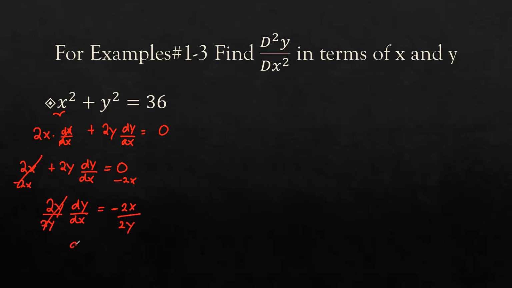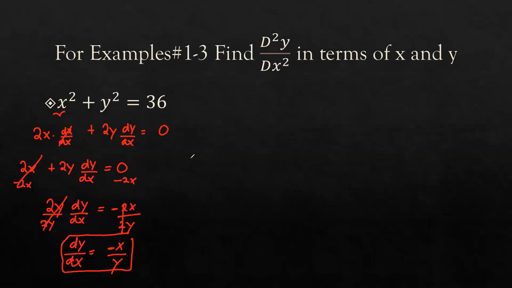So you get dy/dx, the 2's cancel, and you're left with negative x over y. Okay, now we should box it because we're going to substitute that back in. So now we have to take the derivative of negative x over y one more time.